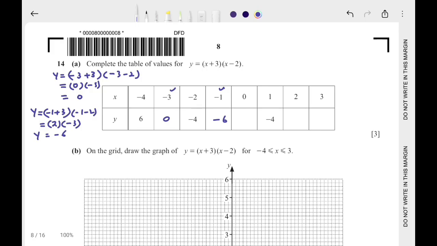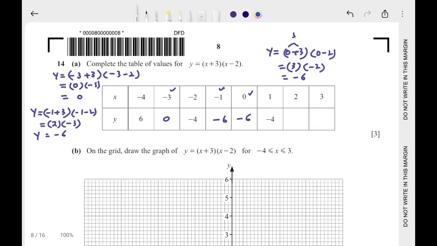Now we'll substitute 0. y is equal to (0 plus 3)(0 minus 2). So 0 plus 3 means 3, and 0 minus 2 means minus 2. So 3 times minus 2 is equal to minus 6.